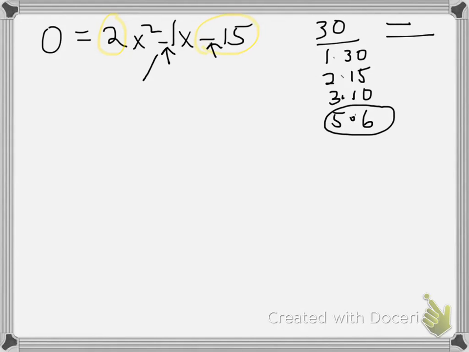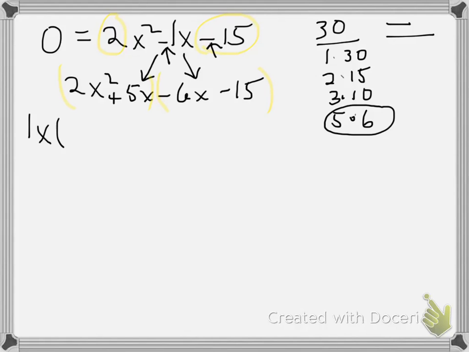So I really want 5x's minus 6x's, because that's negative 1x's. So I'm going to write everything that was in front. I'm going to group the first two terms and then find the greatest common factor for each set of parentheses. So that would be 1x. And this would be a negative something.